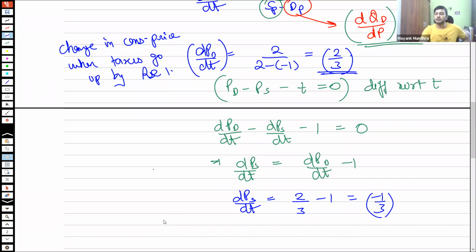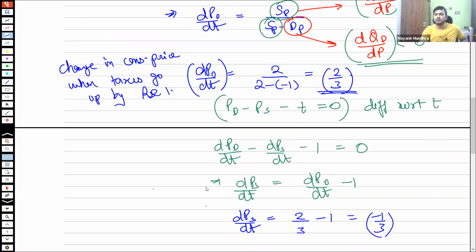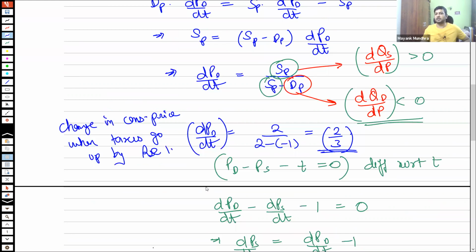Now, coming back to these equations, dPd by dt is equal to SP upon SP minus DP. By the way, I hope all of you understand how this 2/3 is coming from the consumers and 1/3 is coming from the suppliers.